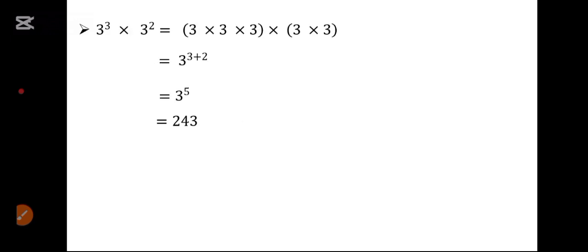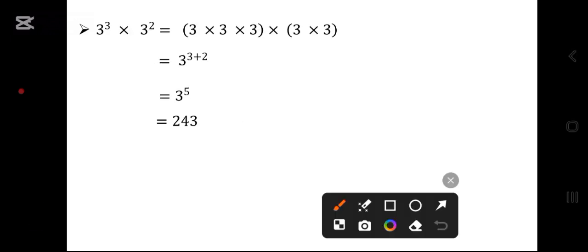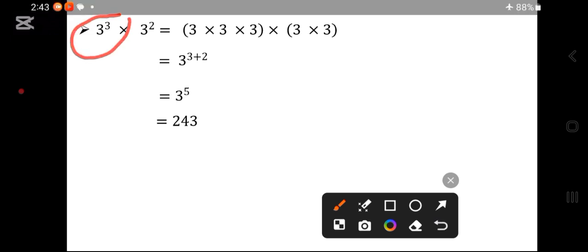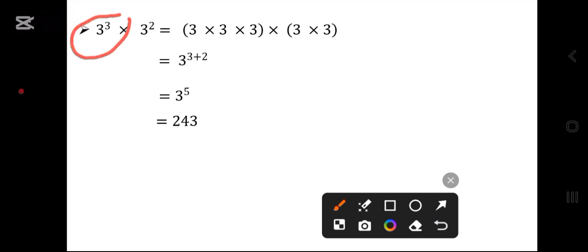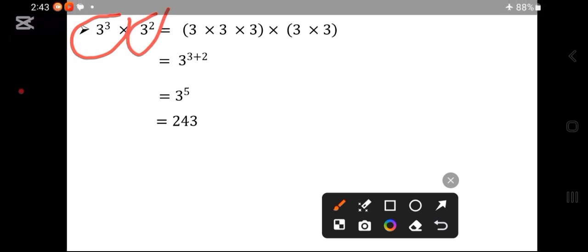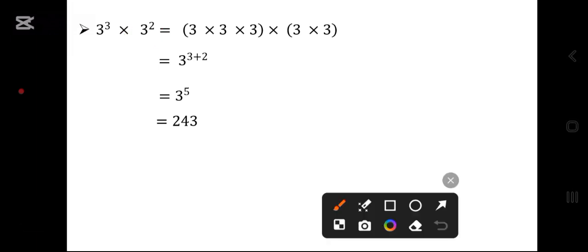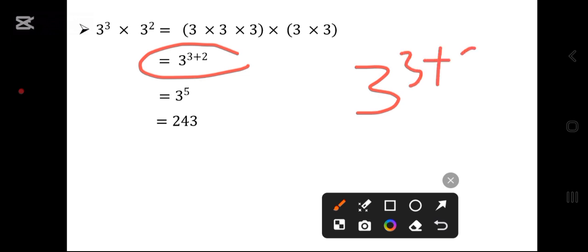Let's move to another example of this multiplication of numbers and the addition of powers. We have 3 raised to the power 3 multiplied by 3 raised to the power 2. Since the bases are the same, we take one of the bases, which is 3, and add up the powers.